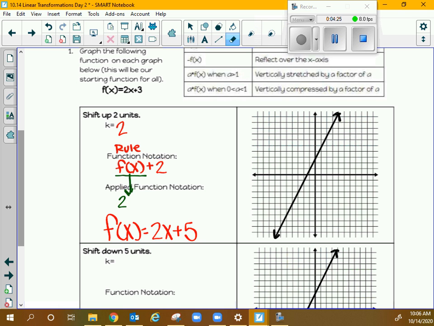My rule says go ahead and add 2 to that, and that's where the 2x plus 5 comes from. So yes, I got to the same place, but you need to know the rule and how it's applied. Let's graph the new one, 2x plus 5.